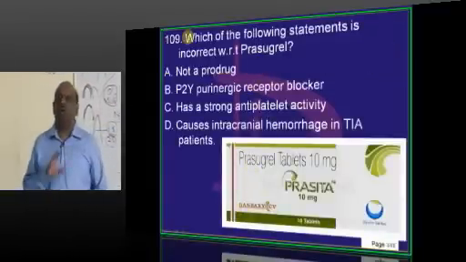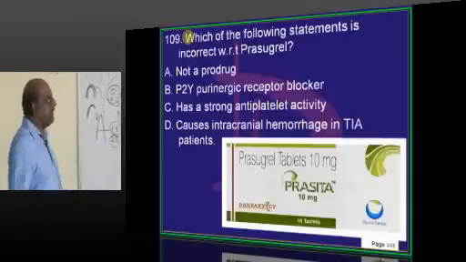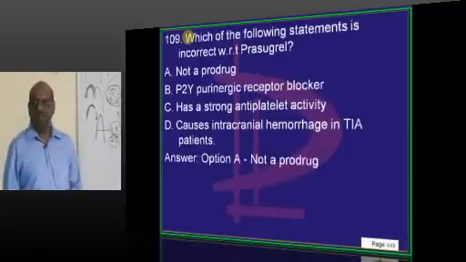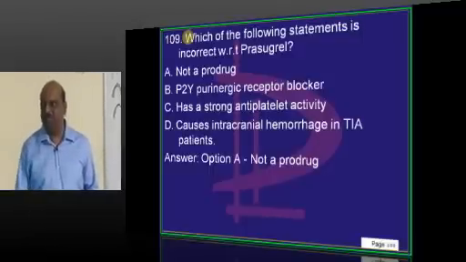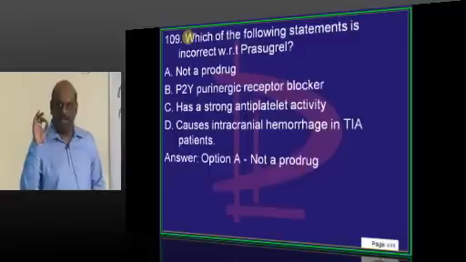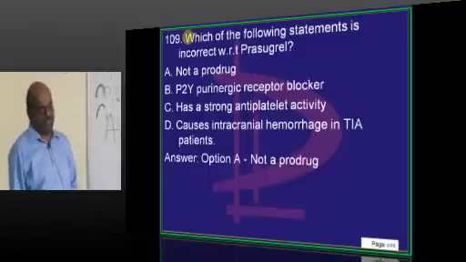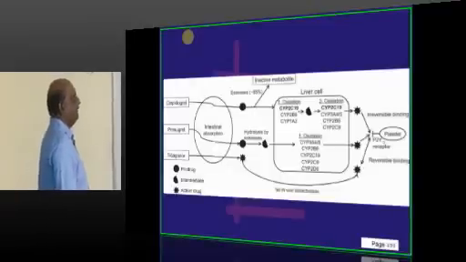Prasugrel, how does it basically function? If you look at pharmacology, one of the favorite questions, high yield topics, anti-platelet drugs. Similarly, anti-thrombotic drugs is the most high yield in the top 20 topics given. Without that, there is no paper.